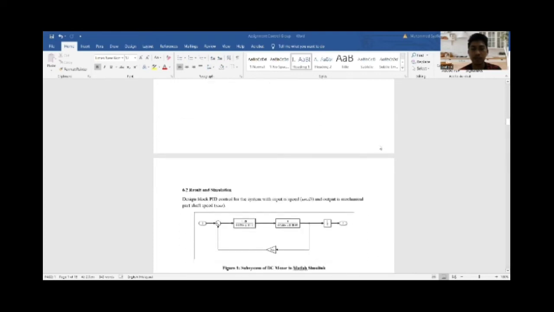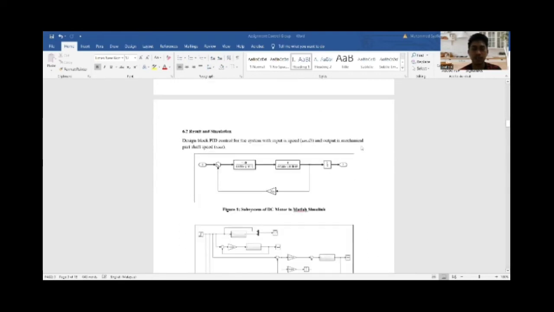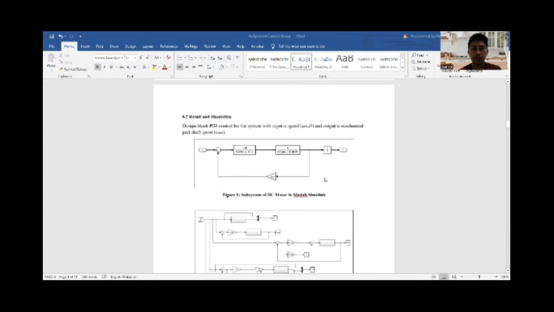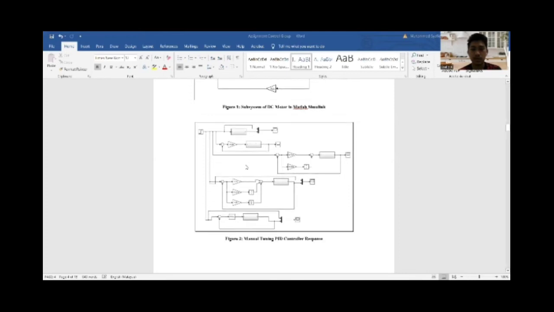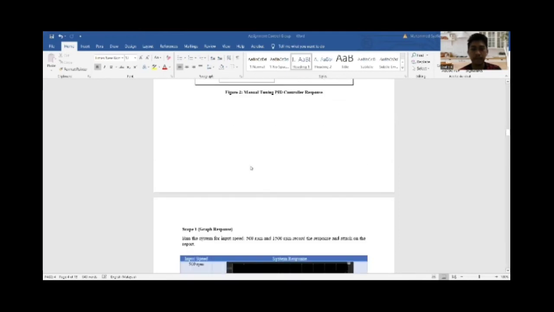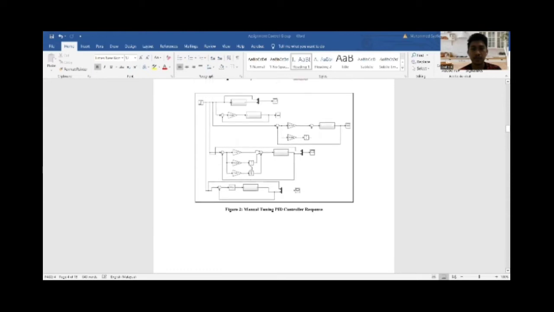Next, I will explain the result examinations. Figure 1 is the subsystem of the DC motor embedded simulation, and here is the manual tuning PID controller response. Basically, this is the manual and automatic PID controller response.